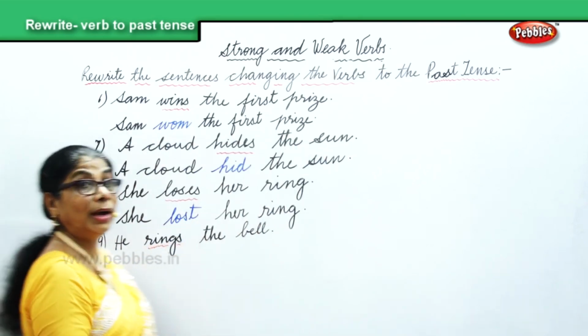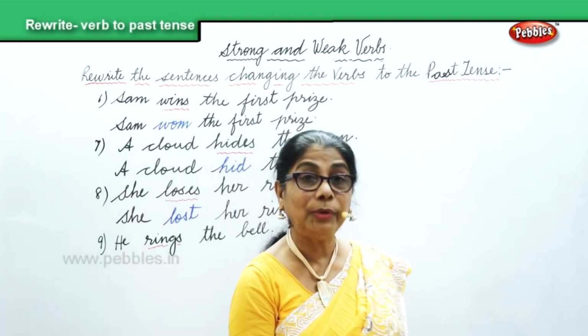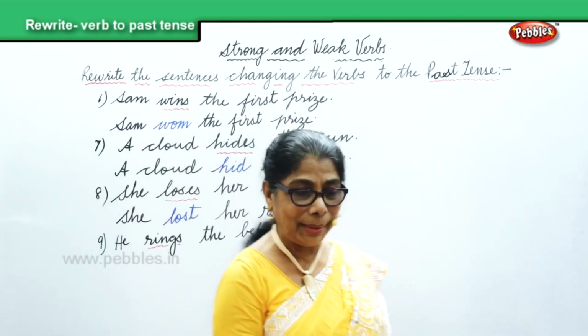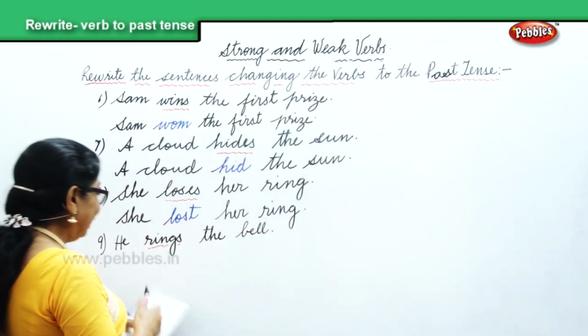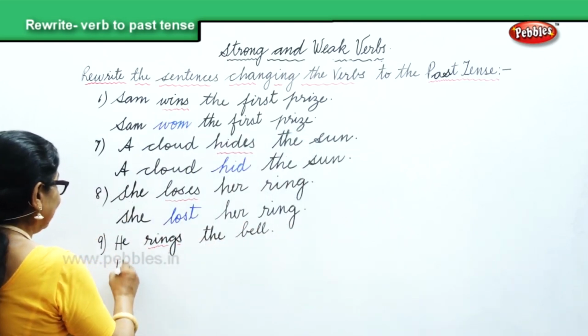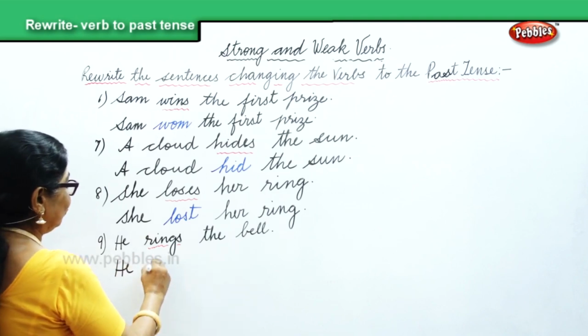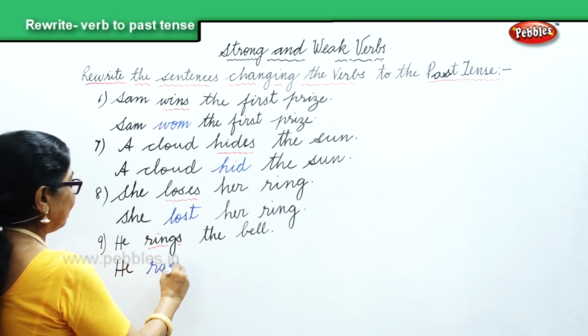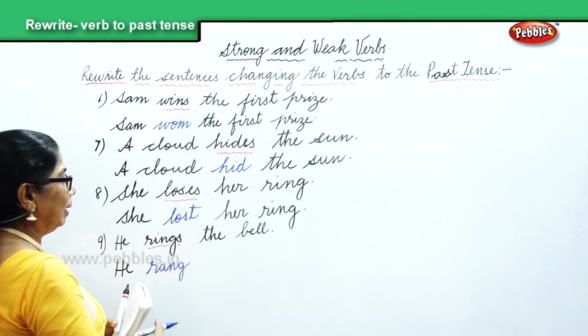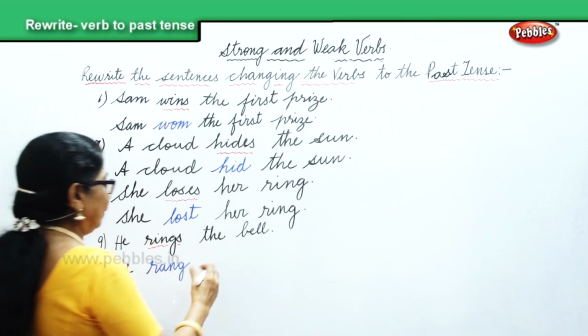So we're going to change the verb ring. So what will you say? He rang the bell. Very good. Rings becomes rang. He rang the bell.